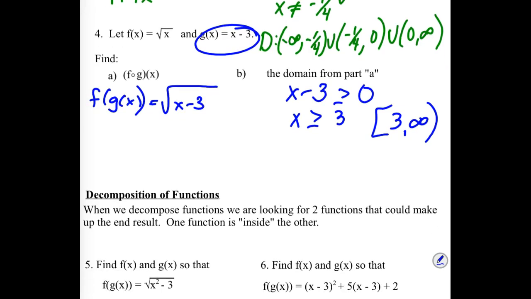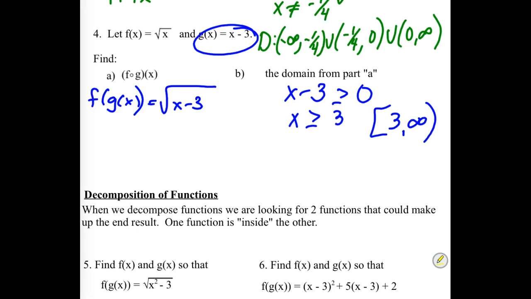We're going to look real quickly at the reverse. What if we did g of f? Now it says start with the g function. Our g function is something minus 3. And we're going to dump in what?